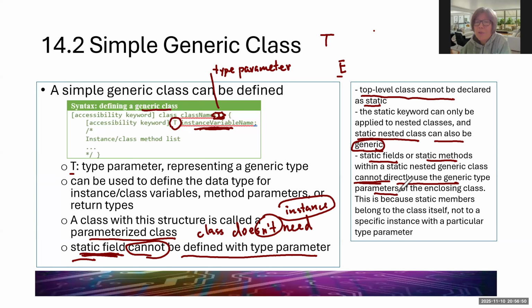So this is a similar idea, like over here, a static field cannot be defined with a type parameter. The similar concept is because the static member belongs to the class itself, not a specific instance with a particular type parameter. So just be careful.